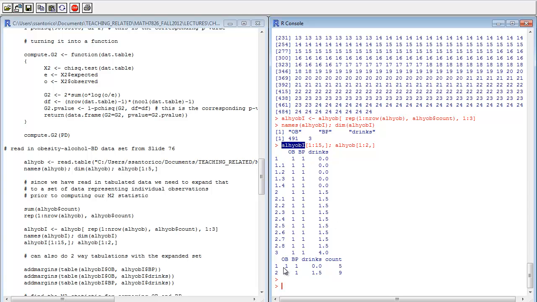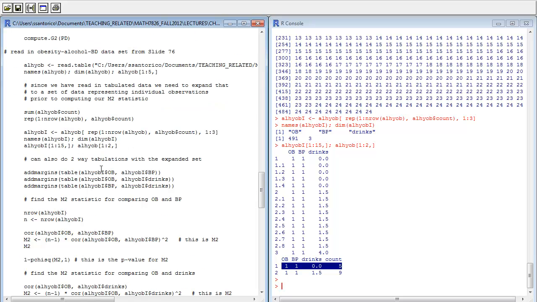So you'll see that what I read in was a tabulated value, and what I ended up with when I expanded it was the first 5 values, which correspond to having the same levels of obesity and blood pressure value and drinks, but I've spread them out 5 times. So, all right, that's what I did first.